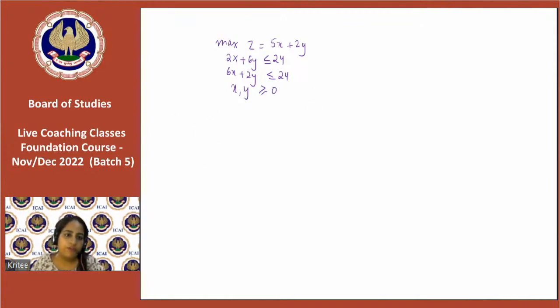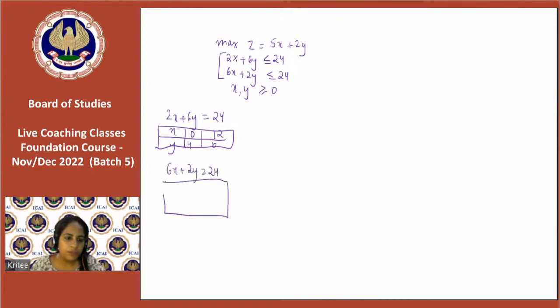So what we will do is we'll start with these inequalities. Look here. 2x plus 6y is equal to 24. Find out the points, x and y. Taking x as 0, y is 4. Taking y as 0, x is 12. Then 6x plus 2y equals 24, a similar kind of condition.